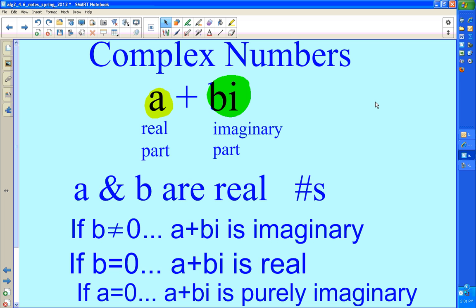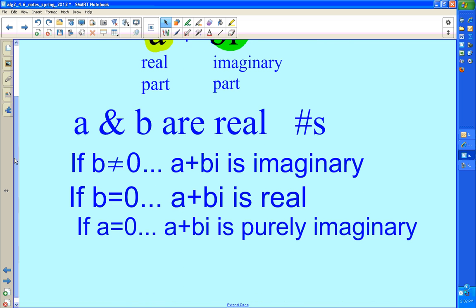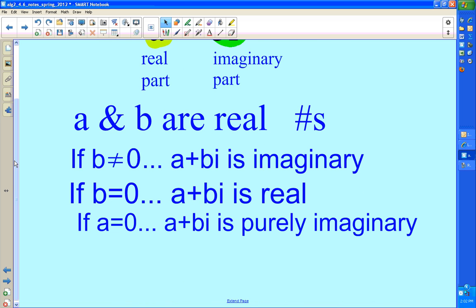If b does not equal 0, then a plus bi has to be an imaginary number. bi makes it imaginary. And if a is 0 and you just have bi or negative bi, you get what we call a purely imaginary number, like 6i, negative 1/2 i, negative 0.27i.